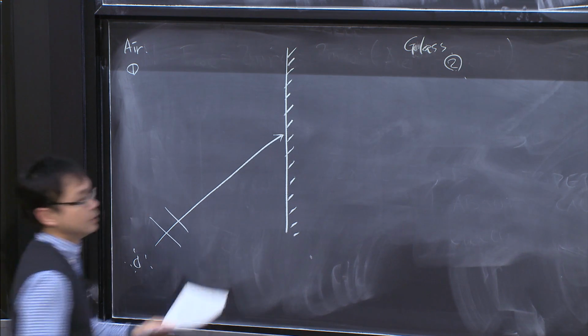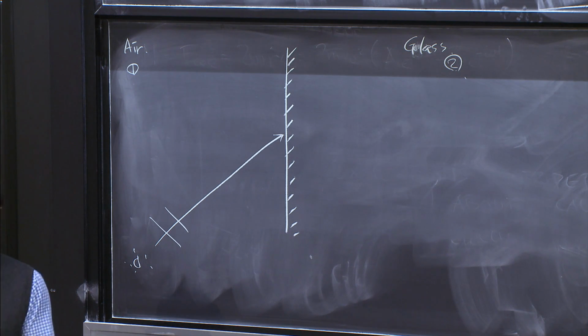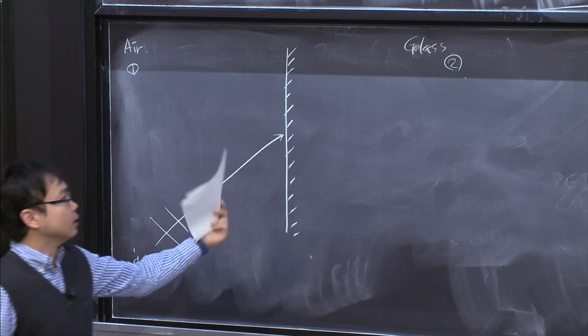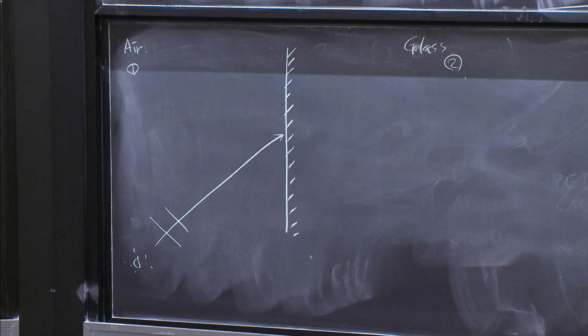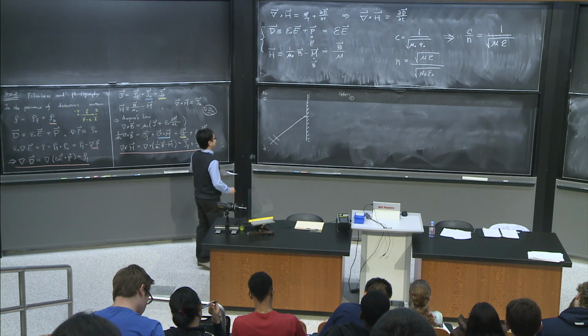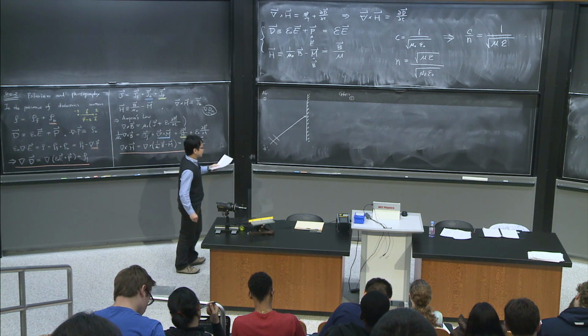I assume that this glass is very, very wide, it fills the whole universe. Therefore, this is just a simple plane, a boundary which divides our world into air and glass.